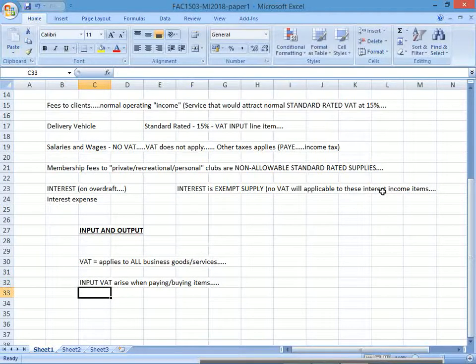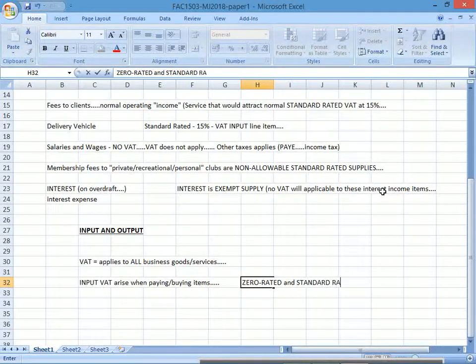That's input VAT. You get two types of VAT, zero rated and standard rated. The standard rated is that whole 14/15%, depending on either last year or this year. Then you also have exempt suppliers. The exempt suppliers actually fall outside zero and standard rated because exempt means no VAT applies. It's exempt.